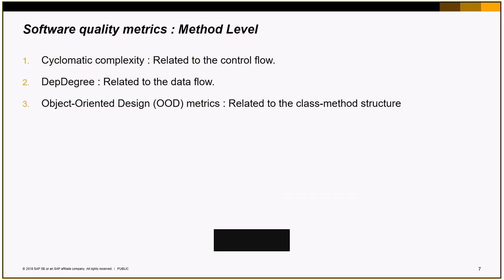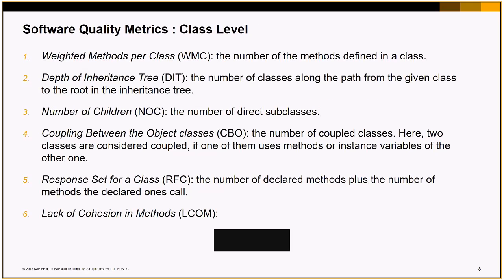The quality metrics covered are cyclomatic complexity, which is related to the control flow, the dependency degree, denoted as dep degree, which relates to the data flow, and object-oriented design metrics, which is more about the class method structure. These are the class level. I will not go into detail about these.